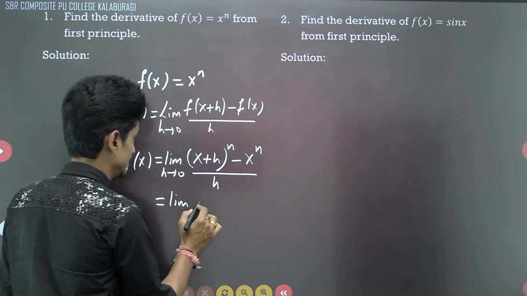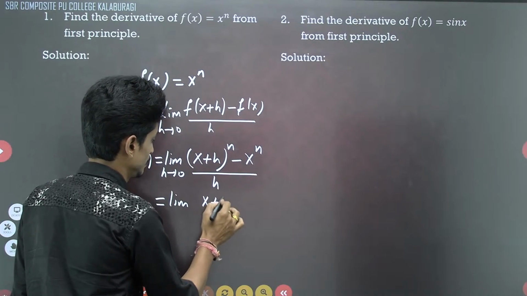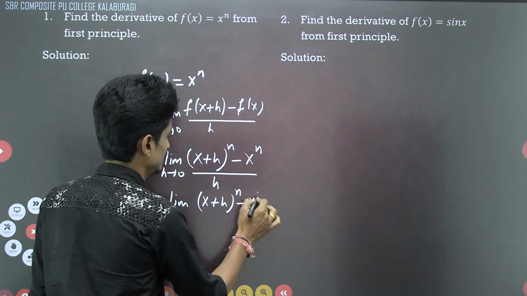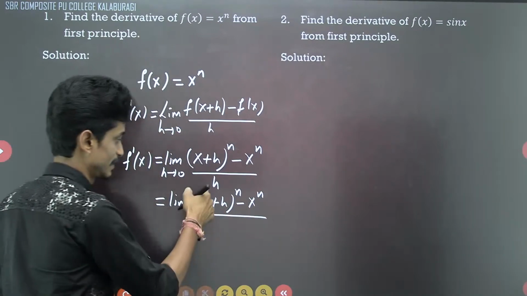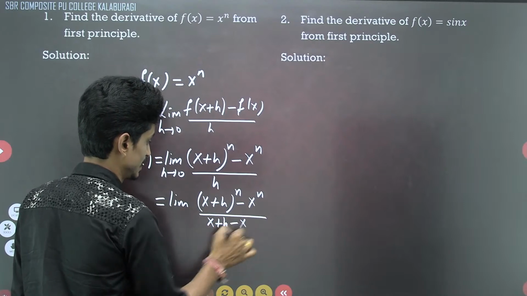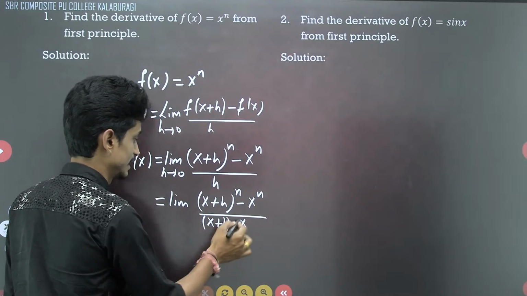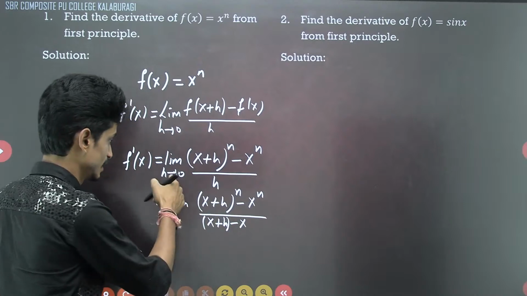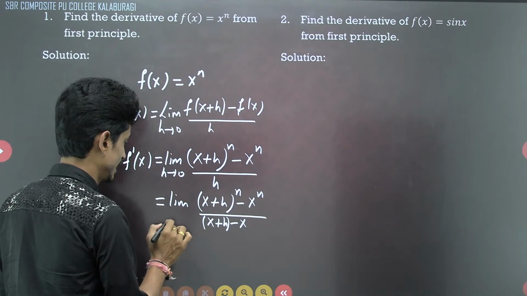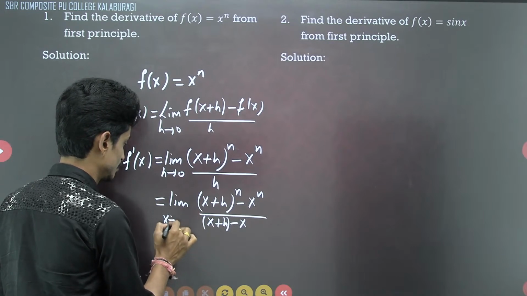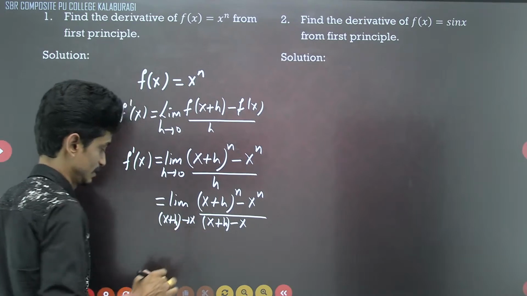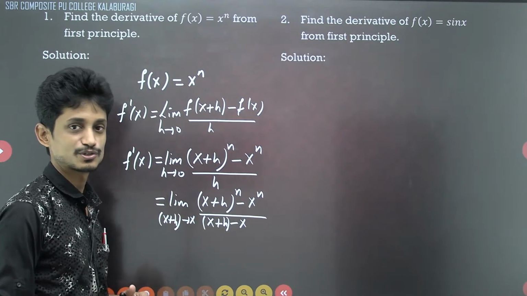How do I balance this? (x plus h) power n minus x power n, whole divided by, add and subtract x: x plus h minus x. For the limit h tending to 0, adding x on both sides, x plus h tends to x.